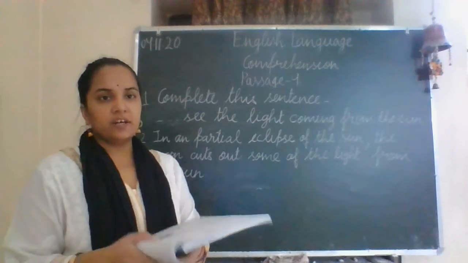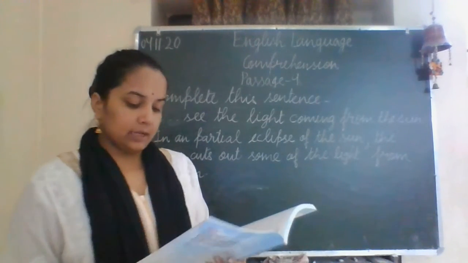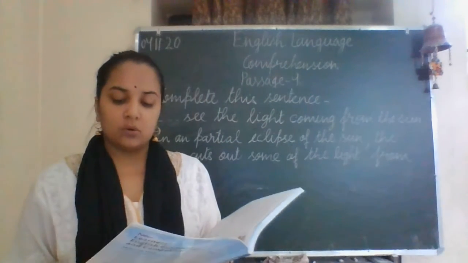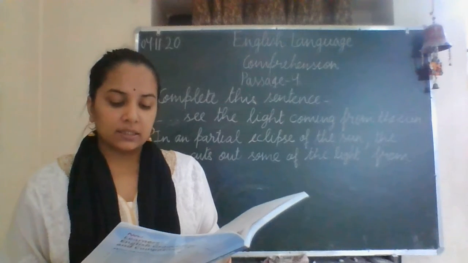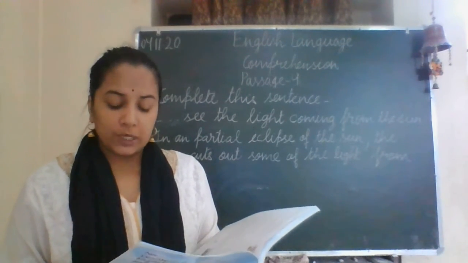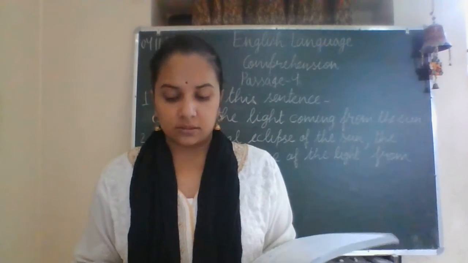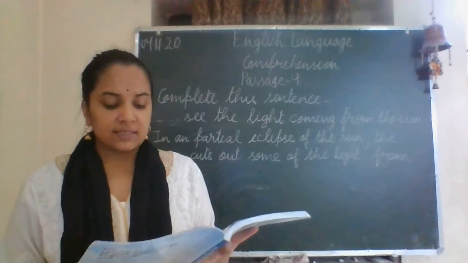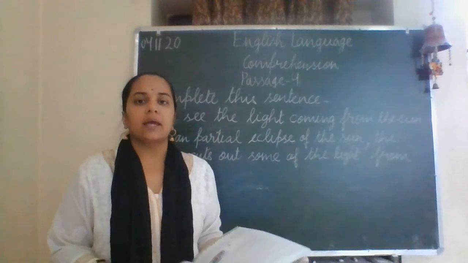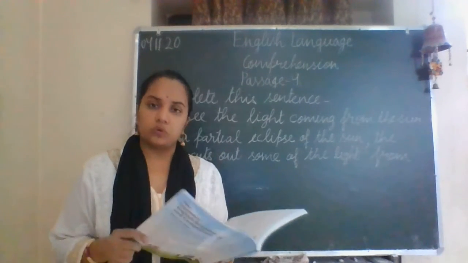Now, the next one is: in a total eclipse of the sun, the moon actually covers the whole sun. Is this statement completely true? Which words in the passage support your answer? So if you are writing it is completely true, then you have to give the reason in support of that.